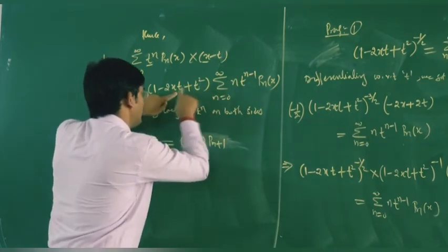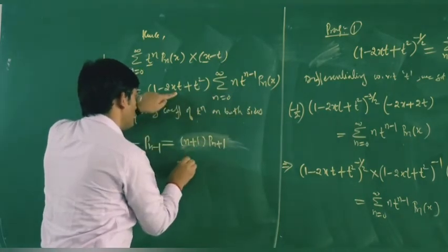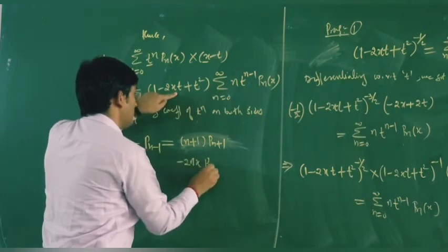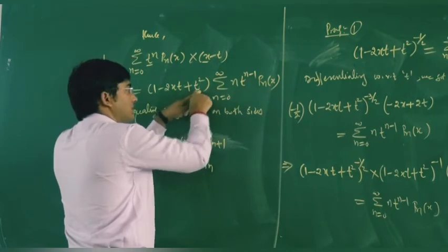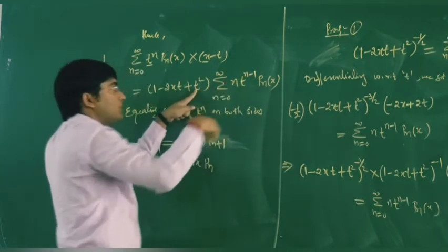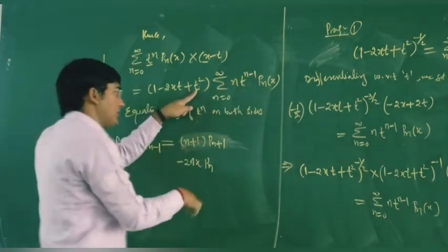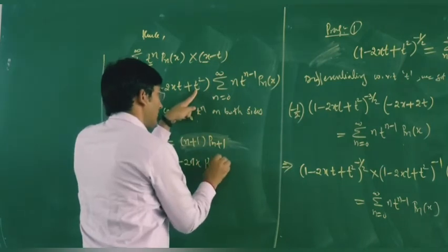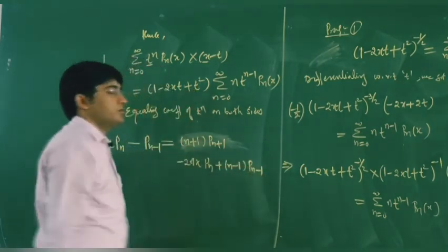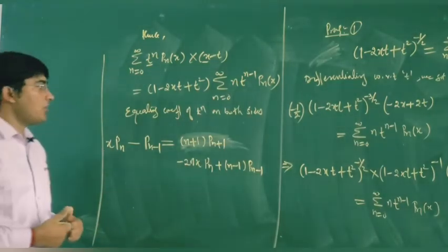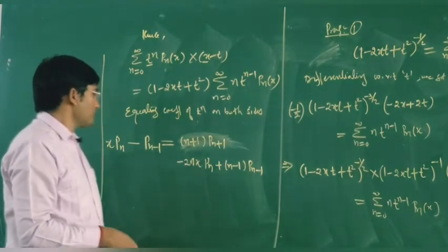Now if you multiply this term to this term, then we will get t power n plus 1. So replace your n by n minus 1. So we have n minus 1 into Pn minus 1. So this is the coefficient of t power n on both sides.